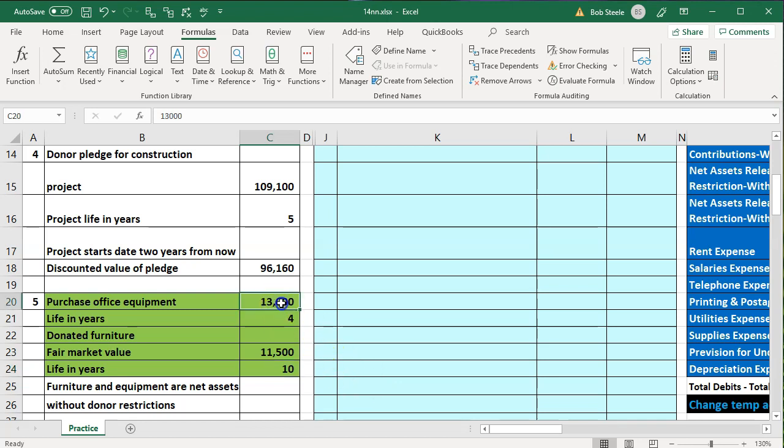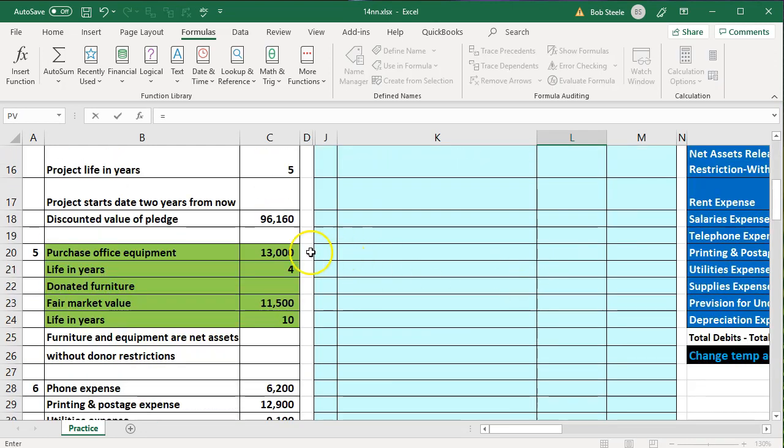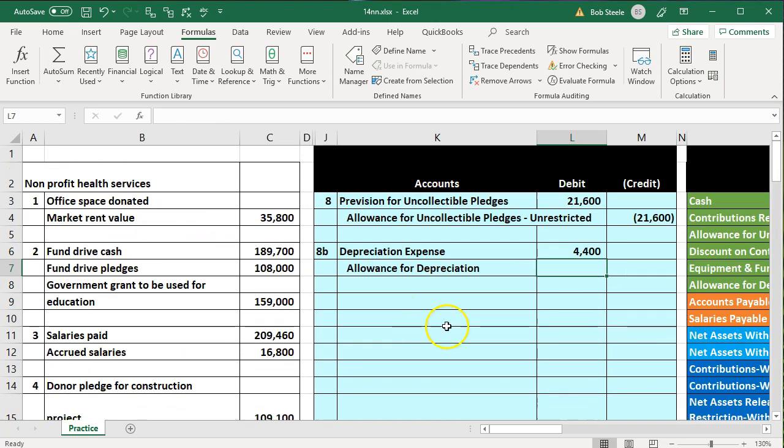Therefore, it would just be the 13,000 divided by 4 plus the 11,500 divided by 10. Let's do that with a formula. It's going to be equal to the 13,000 divided by 4 plus the 11,500 divided by 10. So that's going to be the formula on it. We won't go into a lot of detail. That's going to be the number for it.